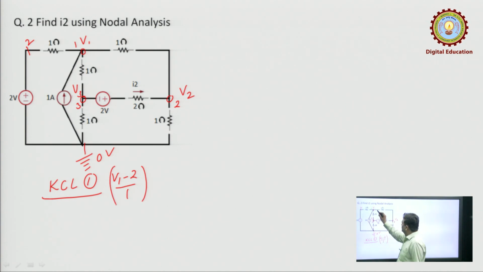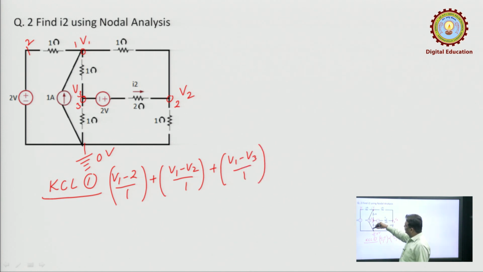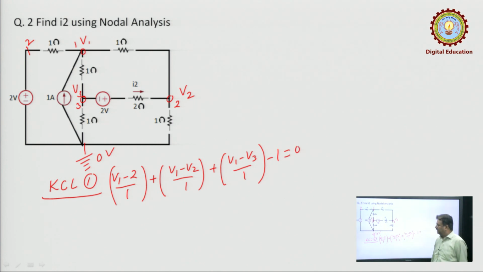Current in this branch V1 minus V2 upon 1. Current in this branch V1 minus V3 upon 1, and this current source is supplying a current of 1 ampere. Since it is entering into the node, minus 1 equal to 0. This is the KCL equation at 1.